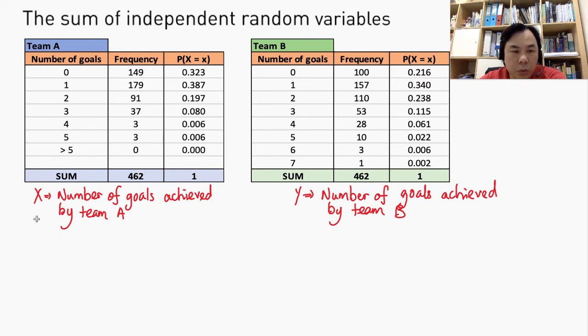And then to recap on the probability generating functions. For Team A, it has its own probability generating function. So I'm going to write it down. I might as well write GA, or GX? Maybe I'll use GX then.